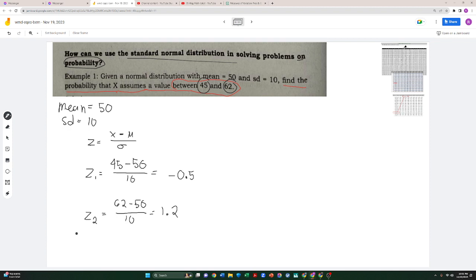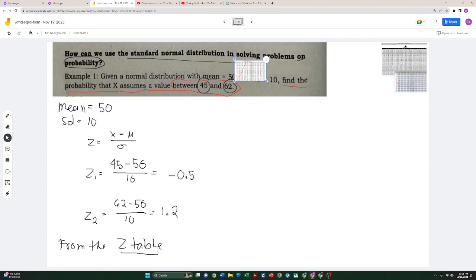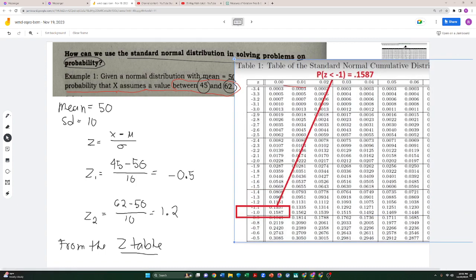Excuse me for that. So from the z table, usa pasabot aning z table.